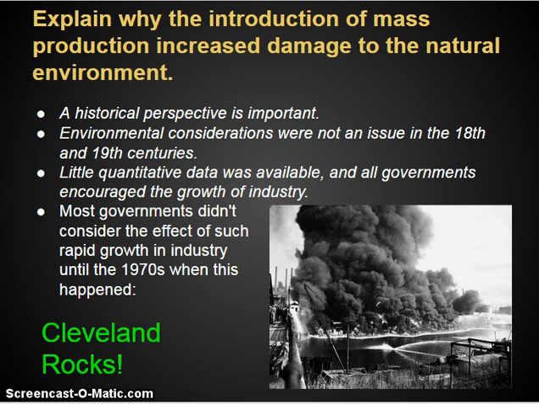First thing, IB expects you to explain why the introduction of mass production increased damage to the natural environment. Now, you need to look at history. Back in the 18th and 19th centuries and in the 20th century, the industry was taking off.